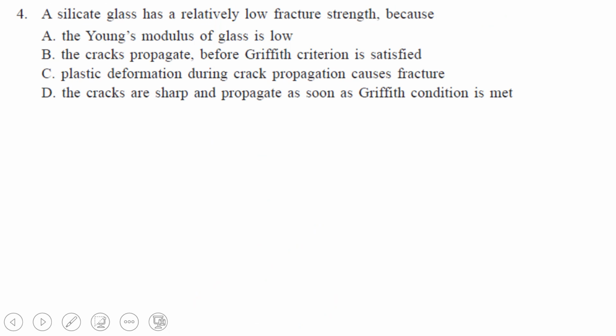Next, a silicate glass has a relatively lower fracture strength. Why? The Young's modulus of glass is low? It doesn't represent correctly. The cracks propagate before Griffith criterion is satisfied? Now, the crack should propagate only once the Griffith criterion is satisfied, right?